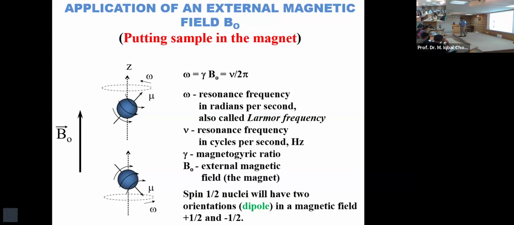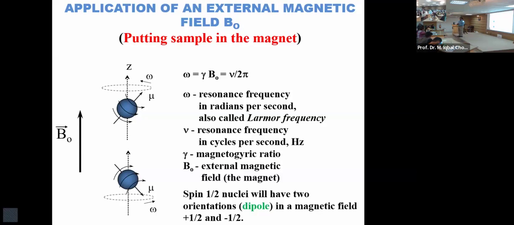Yes. Before, any nucleus has two types of movement: the spin and second, its orbital. So how can we control or remove this orbital? Why would we like to remove it? We don't remove it. How does it respond to the magnetic field?